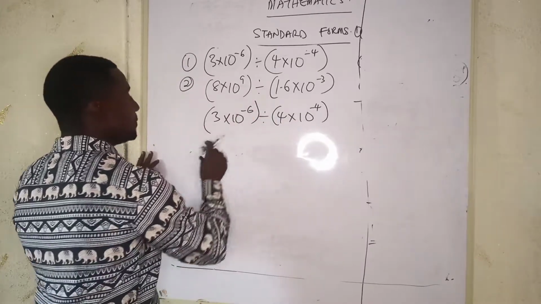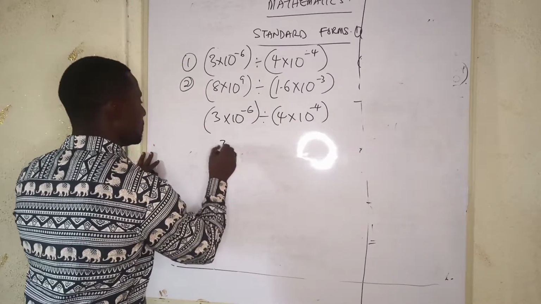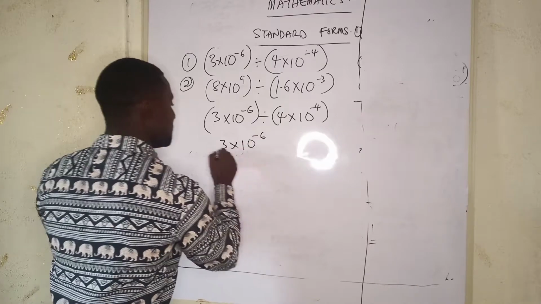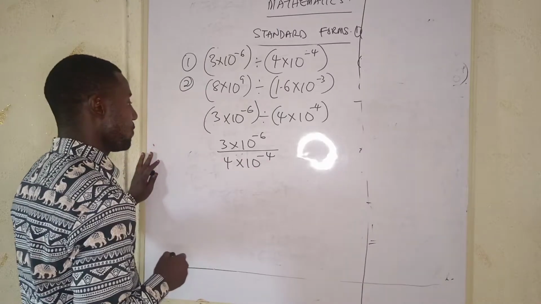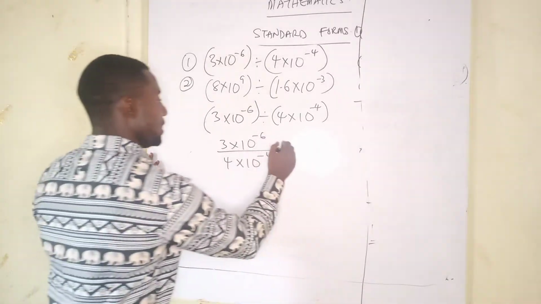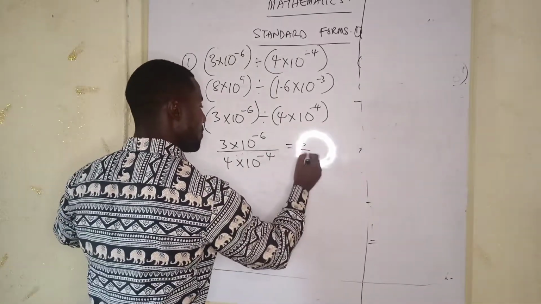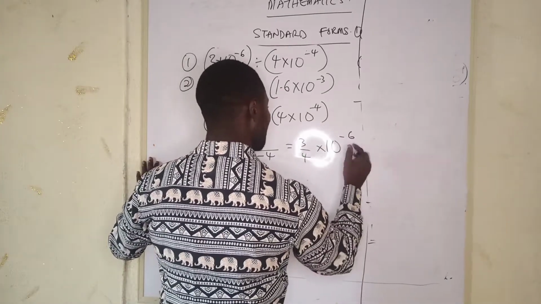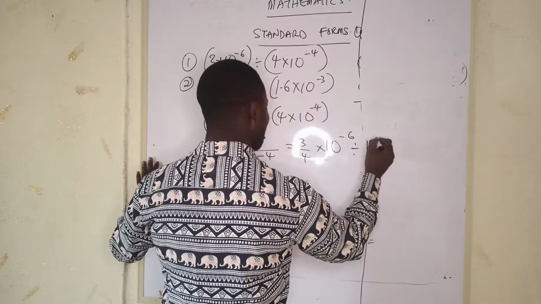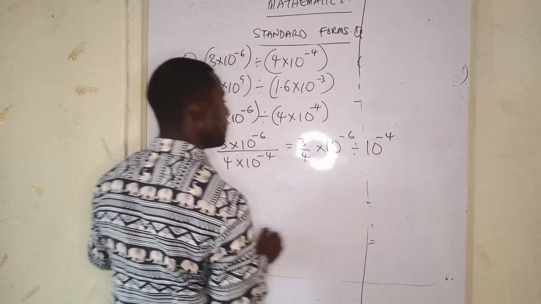Okay, now, like we did the last one, just go like this: divided by 4 times 10 raised to the power minus 4. Now, let's split it. It becomes 3 over 4 times 10 raised to the power minus 6 divided by 10 raised to the power minus 4.